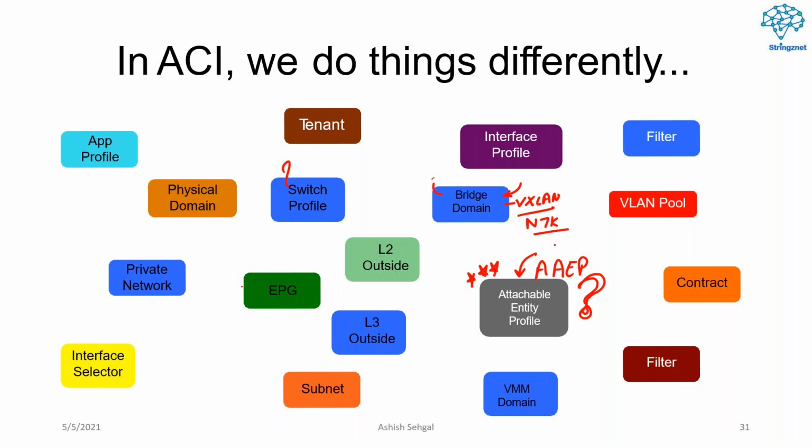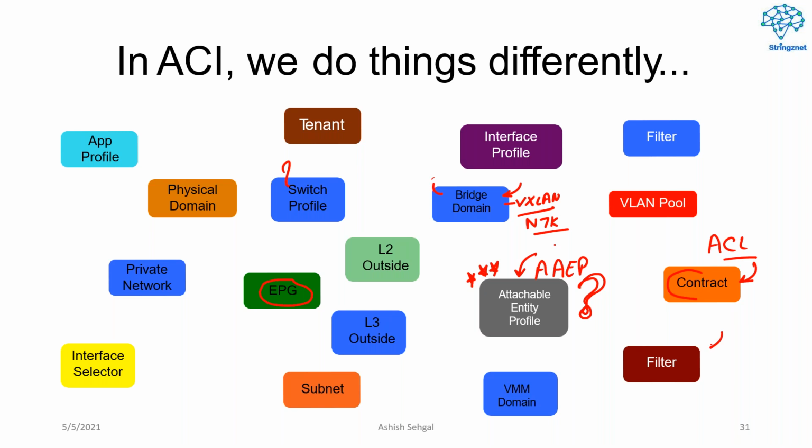We are going to have a new terminology called EPG, endpoint group. What is this? We will be looking into a contract. It's a new terminology, but it is similar to the access control list which we have created in our firewalls, in our routers.